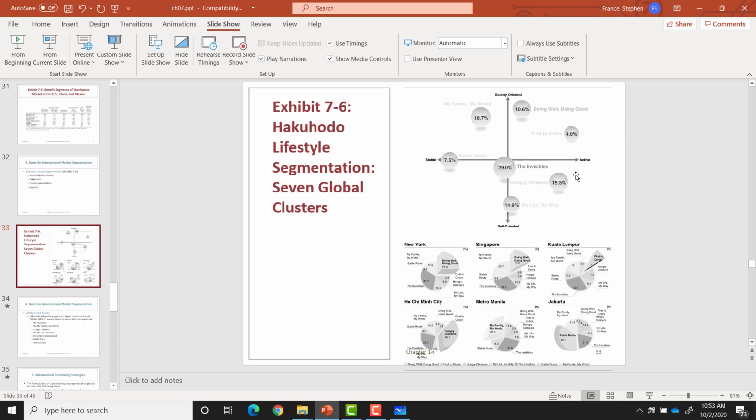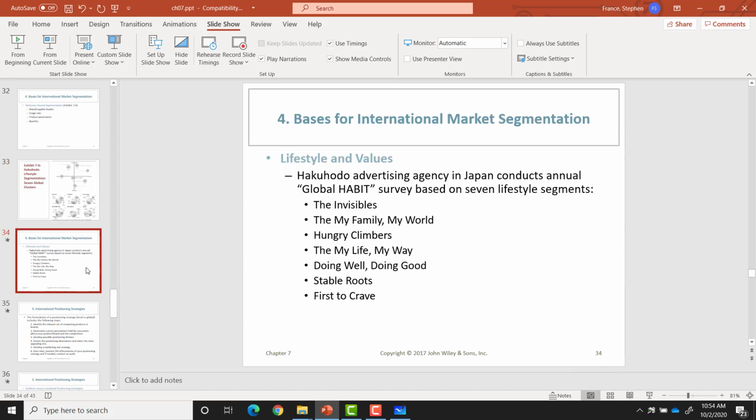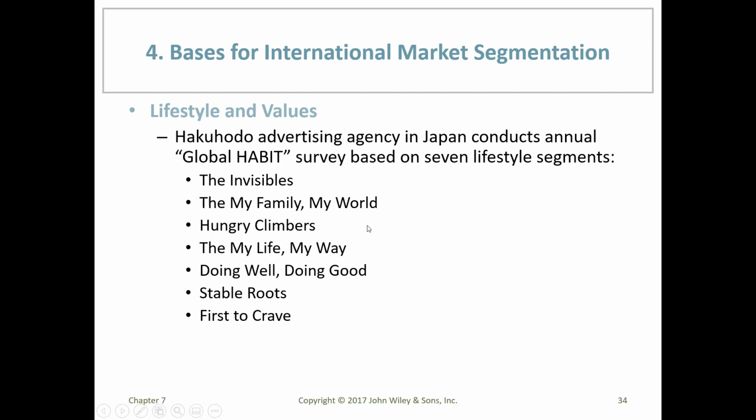So again, we've got these different segmentation bases, and we're segmenting the population. We've got an additional segment here showing how these segments exist in different international cities. So that's the idea of lifestyle segmentation. This is just a little summary of these different global lifestyle segments.